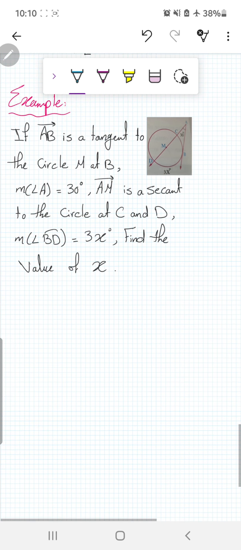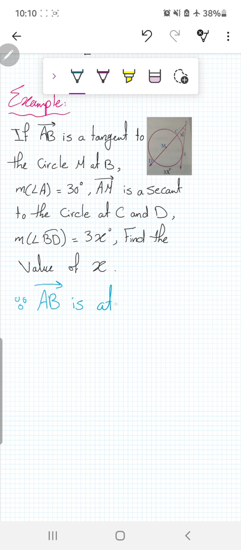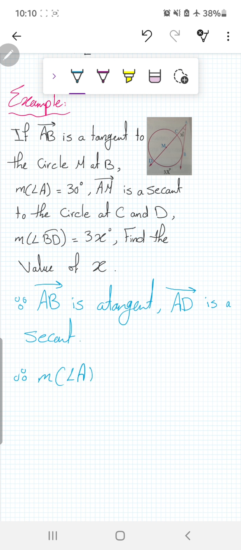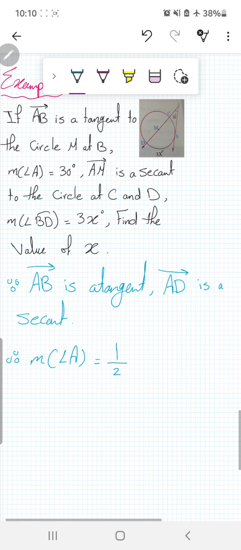As we said, here we have a secant and a tangent. Since AB is a tangent and AD is a secant, the measure of angle A equals half the difference between the two arcs, BD minus BC.